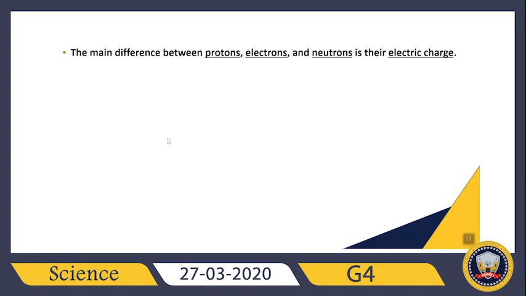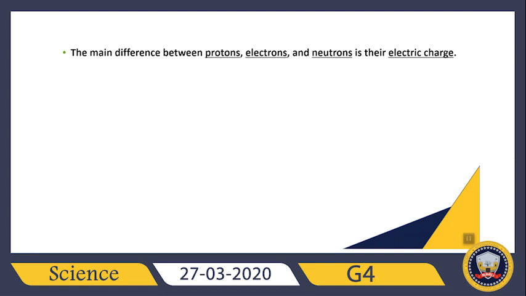The main difference between protons, electrons, and neutrons is their electric charge. What does electric charge mean?